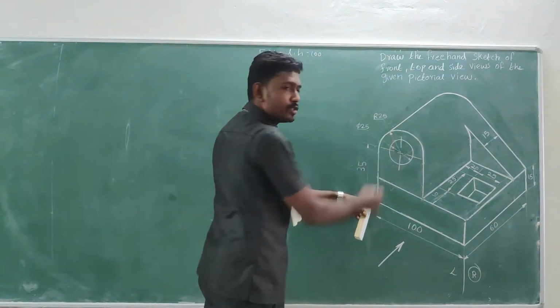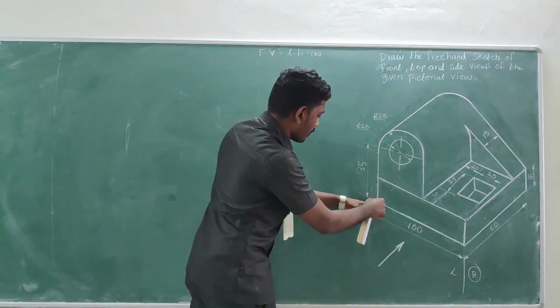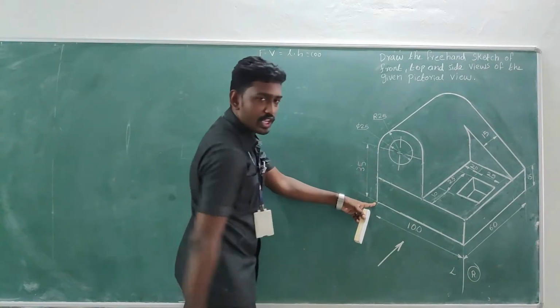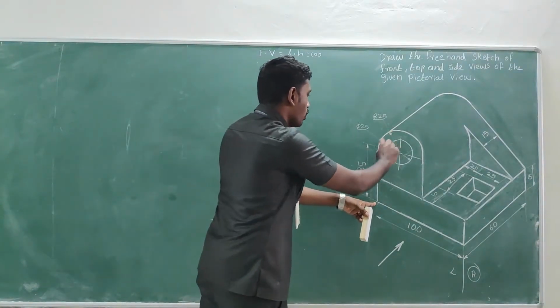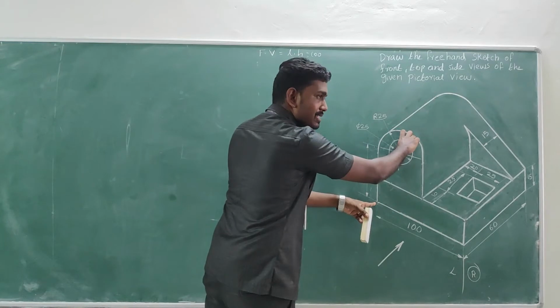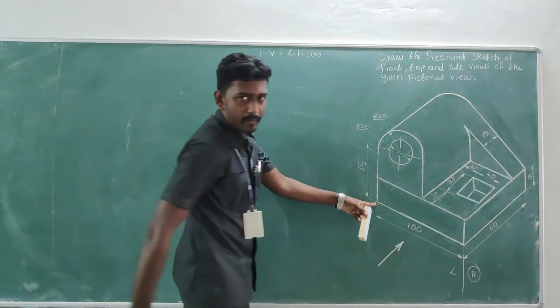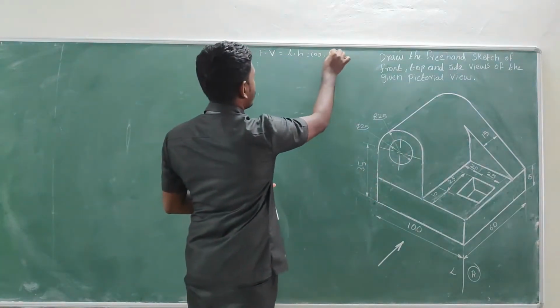What about the height? From the bottom extreme to the midpoint center it is given 35, and above that is the 25 mm radius. So 25 plus 35, we get 60.